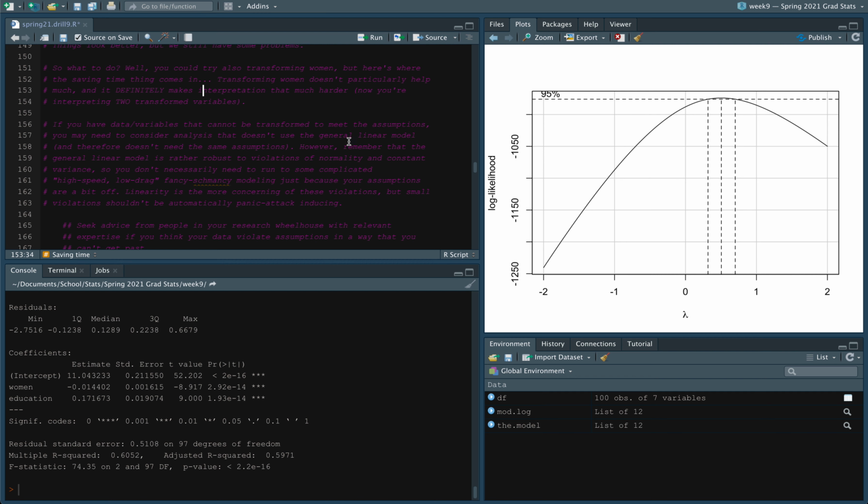Also keep in mind, there are things besides these fancy high-speed low-drag models that you could do if you have problems, say, with heteroscedasticity. There are additional ways that you can model, still using the general linear model, like, one example off the top of my head, robust standard error estimation.